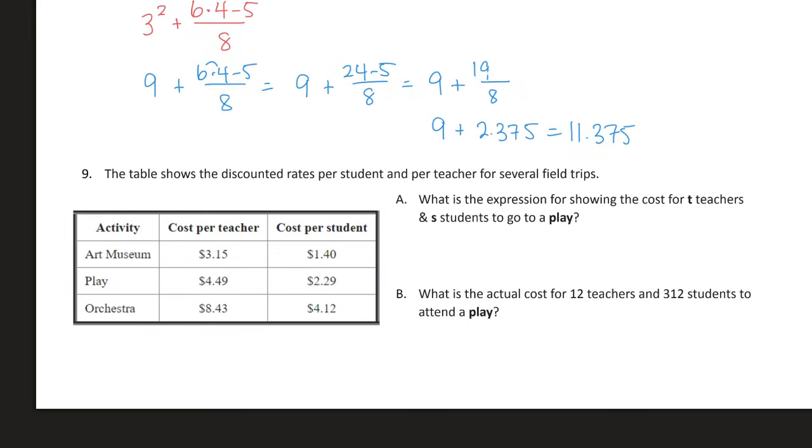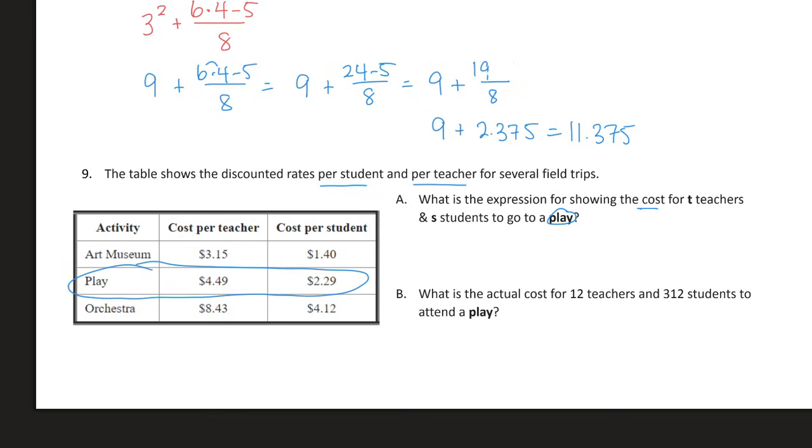All right, the last question gives us a table showing us discounted rates per student. So we have per student and per teacher for several field trips. It says, what is the expression for showing the cost for T teachers and S students to go to a play? So we don't know how many teachers, so we're just going to use a placeholder of T. Well, teachers, we're going to a play, so we're looking at this row here.